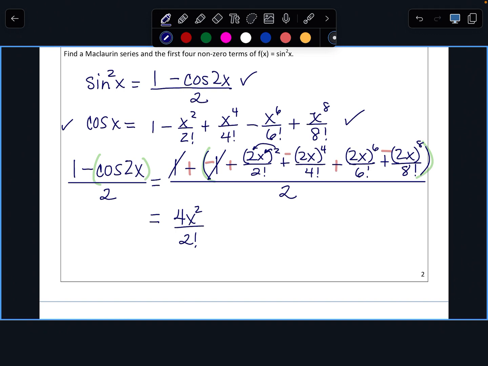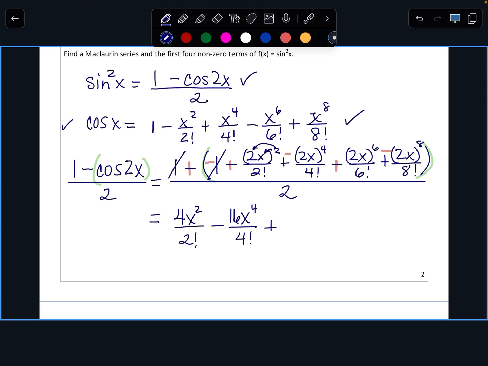And then I'm going to subtract: minus 2 to the 4th, which is 16x to the 4th over 4 factorial.